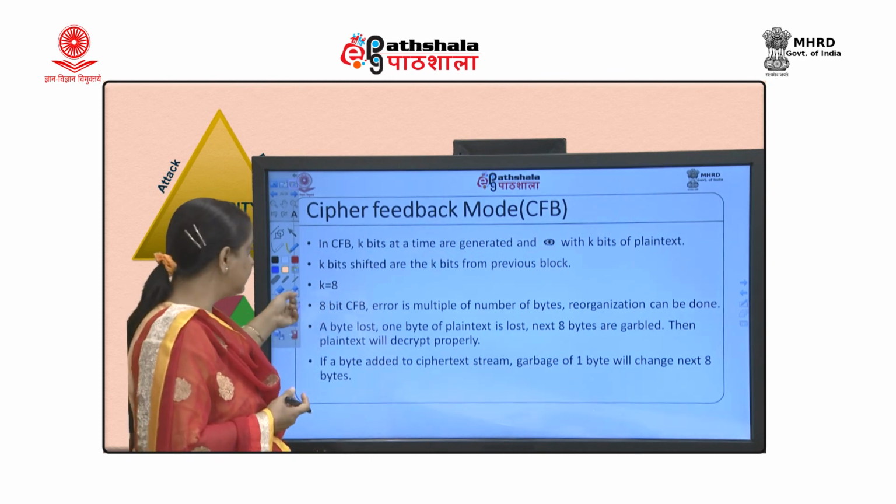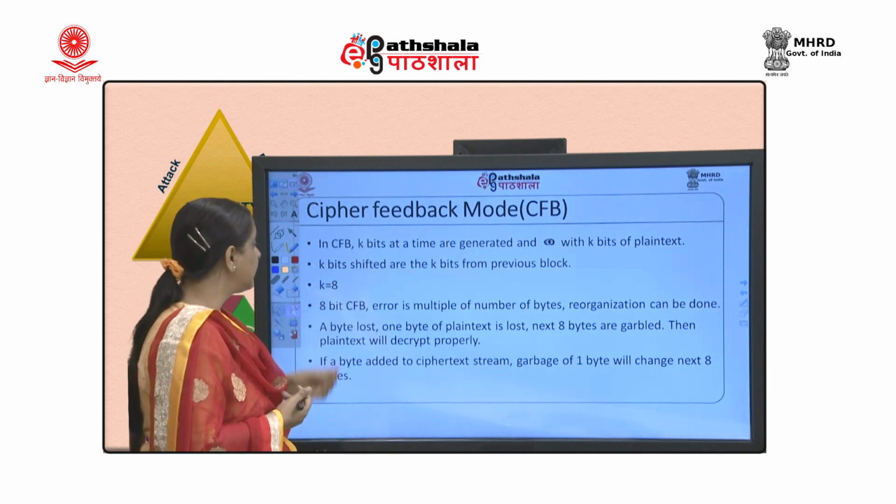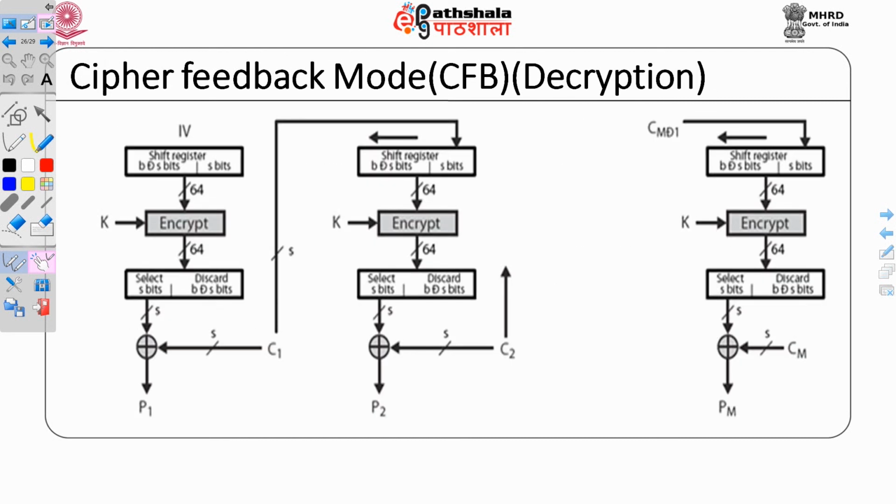CFB, once again, if we put it as a bulleted list of how CFB works: k bits at a time are generated, and they are exclusive ORed with k bits of the plain text. The k bits shifted are the k bits from the previous block. So, k bits added are the k bits shifted.